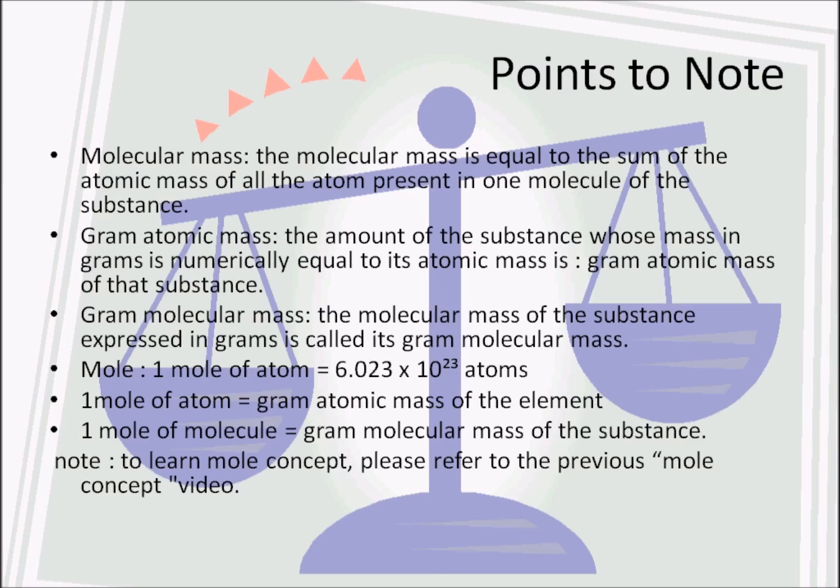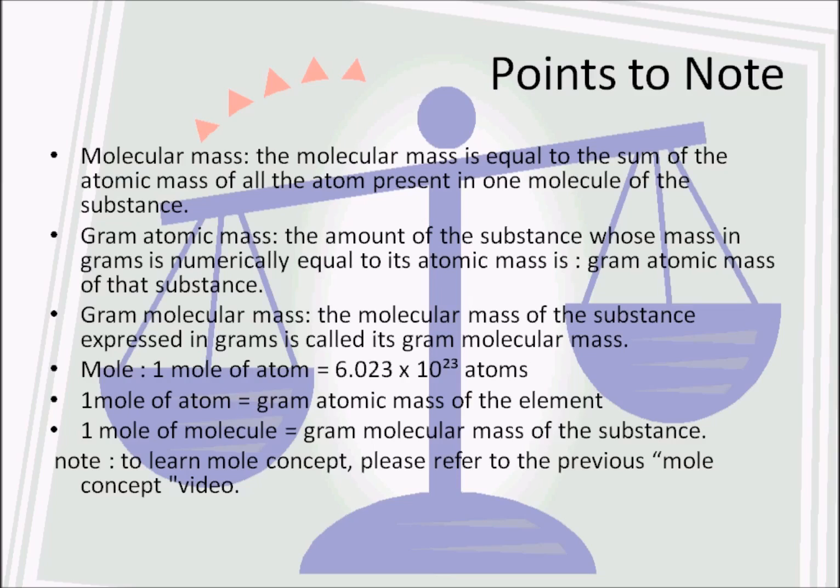Gram atomic mass: the amount of substance whose mass in grams is numerically equal to its atomic mass is the gram atomic mass of that substance. Gram molecular mass: the molecular mass of the substance expressed in grams is called its gram molecular mass.